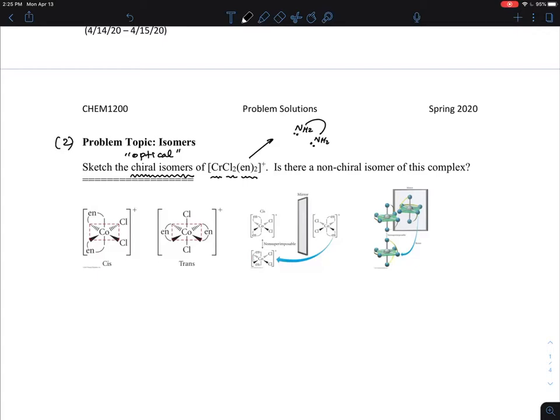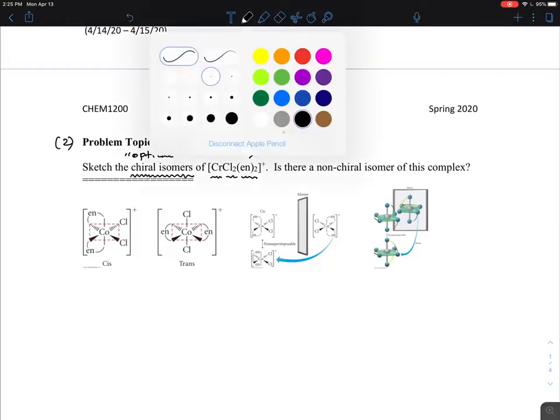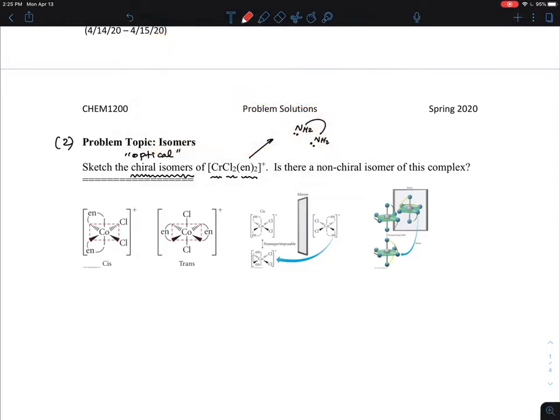So it's a complex. How do you count this? The number of ligands here is 2 ligands, and then 2 times 2 because they are bidentate. So this is 6 ligands, right? 6 ligands. You're thinking about octahedral structures.